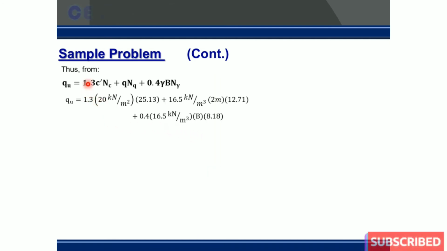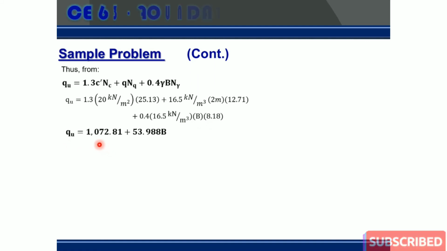So we have 1.3 times the c prime of 20 kilopascal times Nc of 25.13, plus this small q, which is simply the unit weight of the soil times the Df, which is 2 meters, times this Nq of 12.71, plus 0.4 of this unit weight of the soil, which is 16.5 kilonewton per cubic meter, times B, which is unknown, and this 8.18.